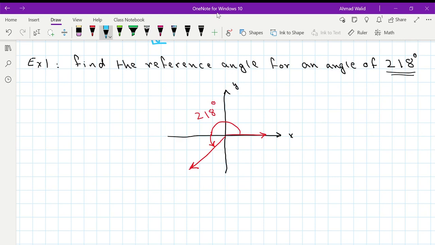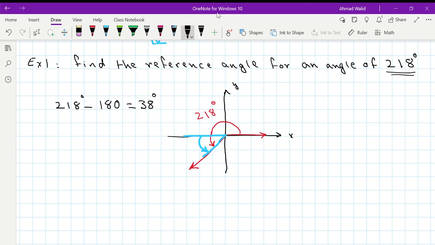Then where is the reference angle? The reference angle, because you are in quadrant 3, should be this, the x-axis, and here, and a positive angle. This one. How much is this one, and how to calculate? You see here, later I'll give you notes. You follow those rules. Actually, those notes are the rules. If your angle is in quadrant 3, you subtract from your theta, which is 218, this quadrantal angle, which is 180, which gives you 38 degrees.